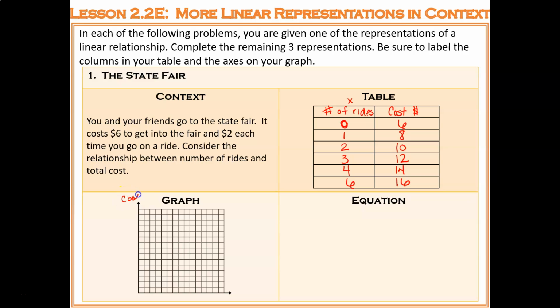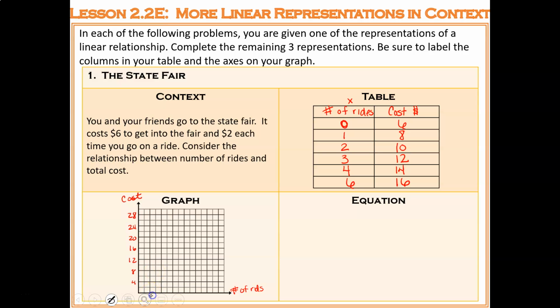My graphs are super tiny. This is the number of rides over here. I'm going to go up by 2s. So here, I really can't number, but I'm going to go up by 2s here too.